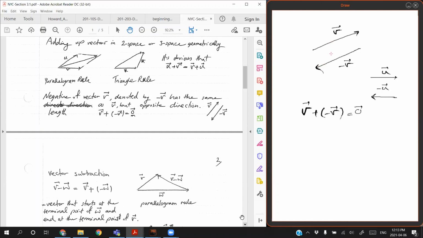So I just bring v1 on top of this, so it goes back to this point. So the sum of v and negative v is going to be a vector that begins at a certain point and then ends at that same point. That makes it the zero vector, a vector of length 0.